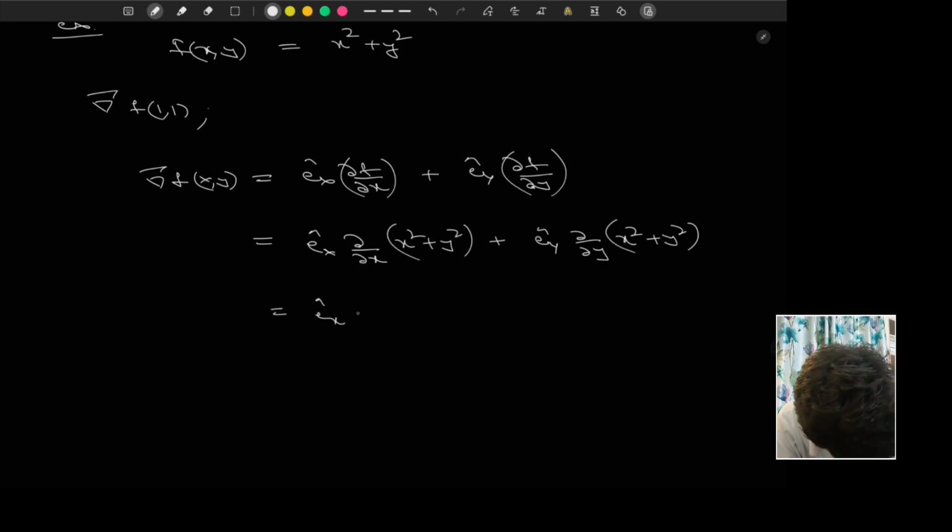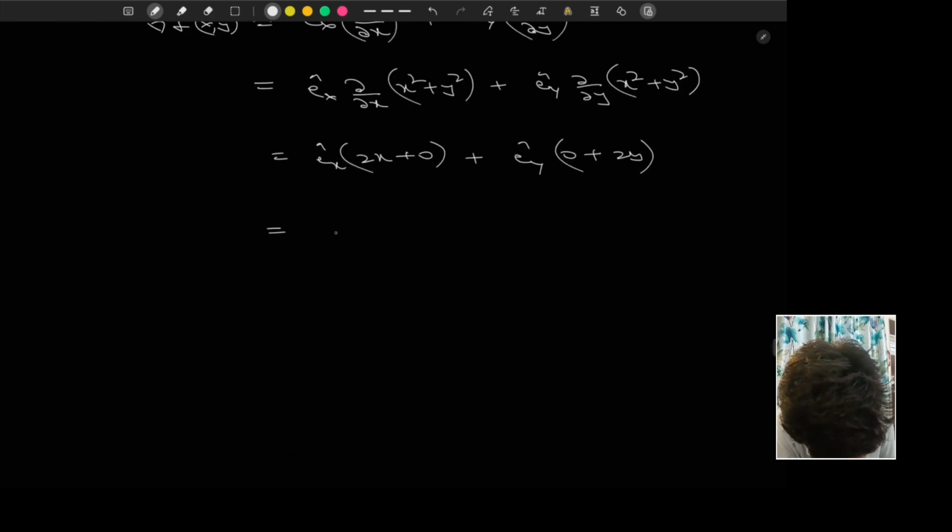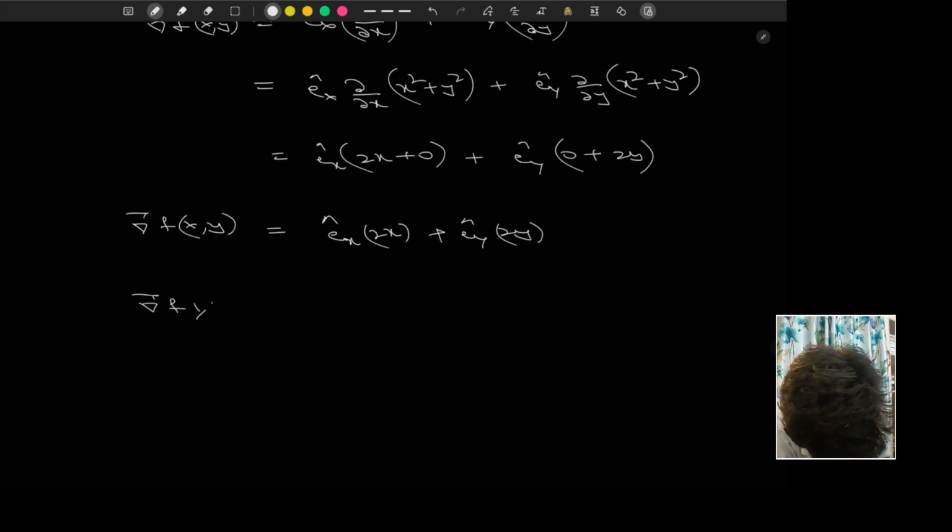That is e_x times 2x plus 0, plus e_y times 0 plus 2y, which is basically e_x 2x plus e_y 2y, and that is my gradient function at x comma y. I want to compute it at 1 comma 1, so this is 2e_x plus 2e_y, right?